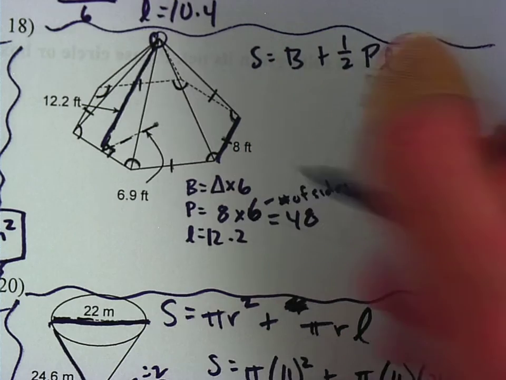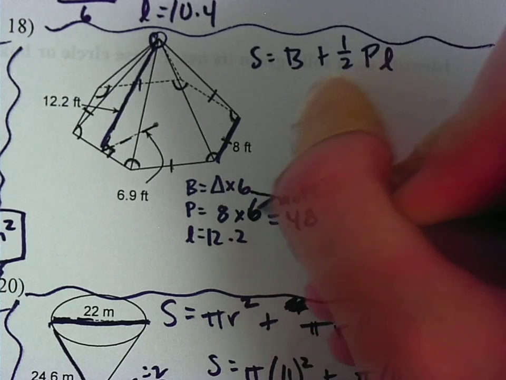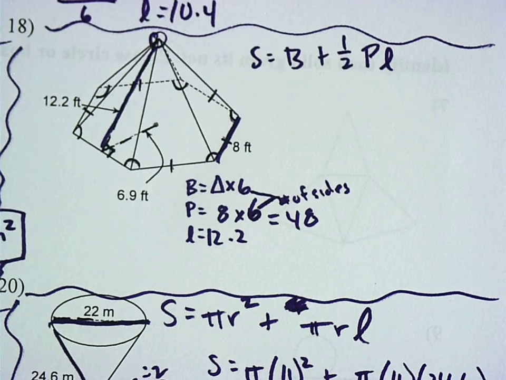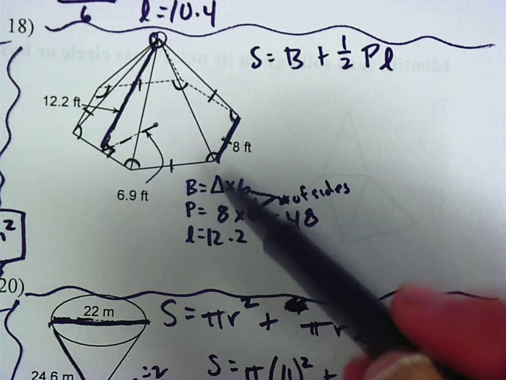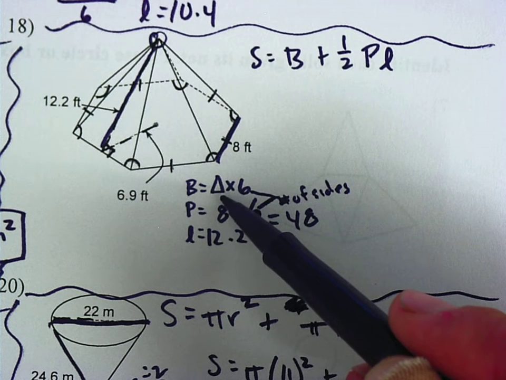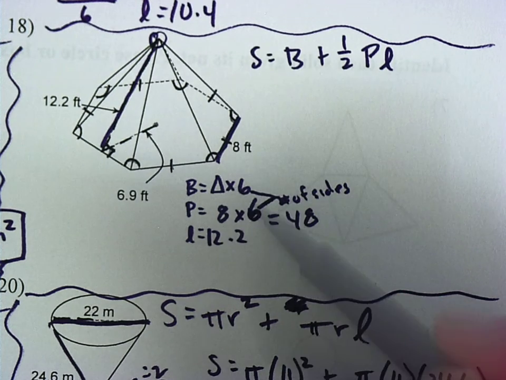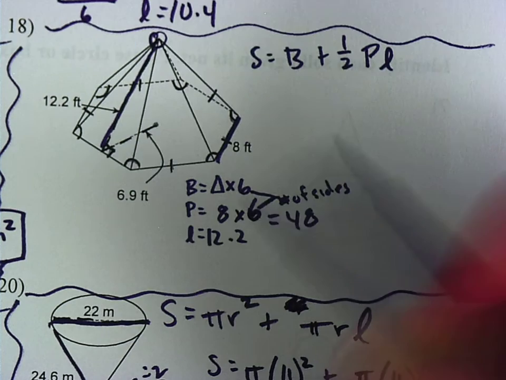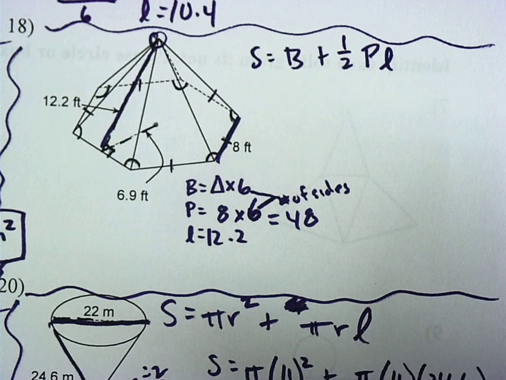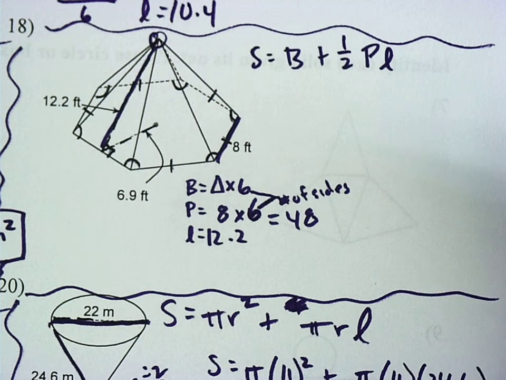Well, we've talked about this quite a bit, right? To find the area of the hexagon, we're going to take the single triangle and times it by 6. Now the 6 is the number of sides, but where does the triangle come from?